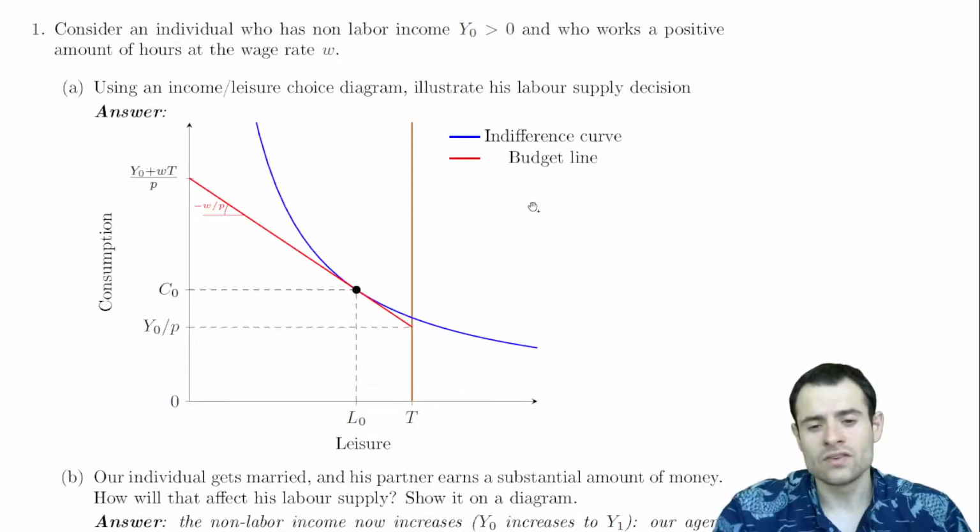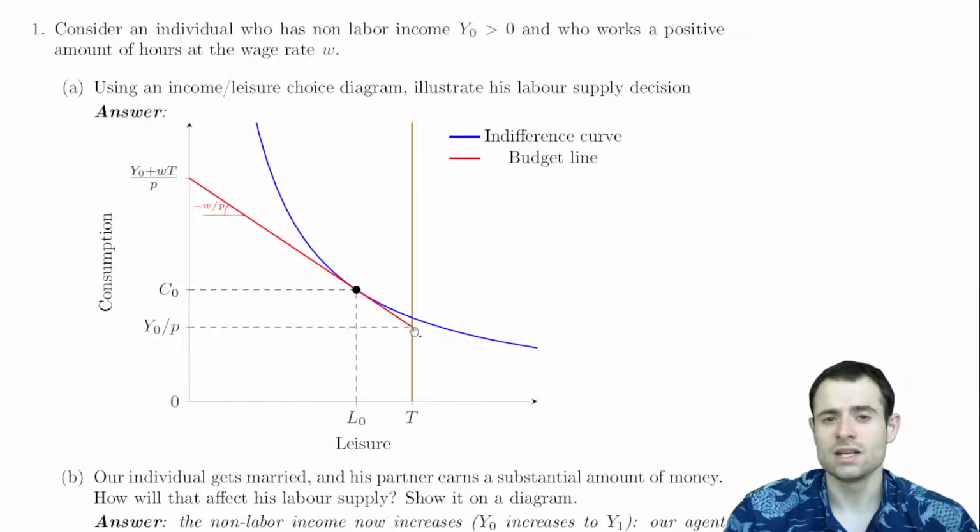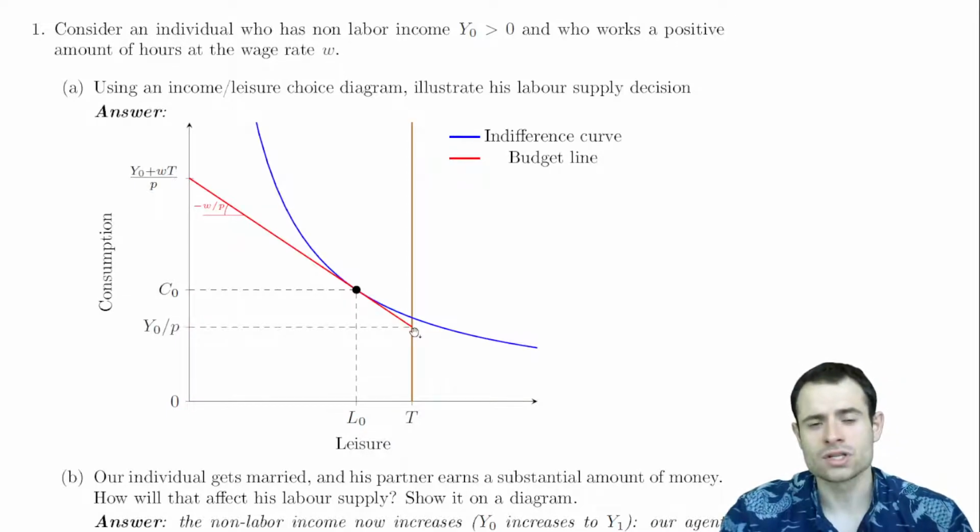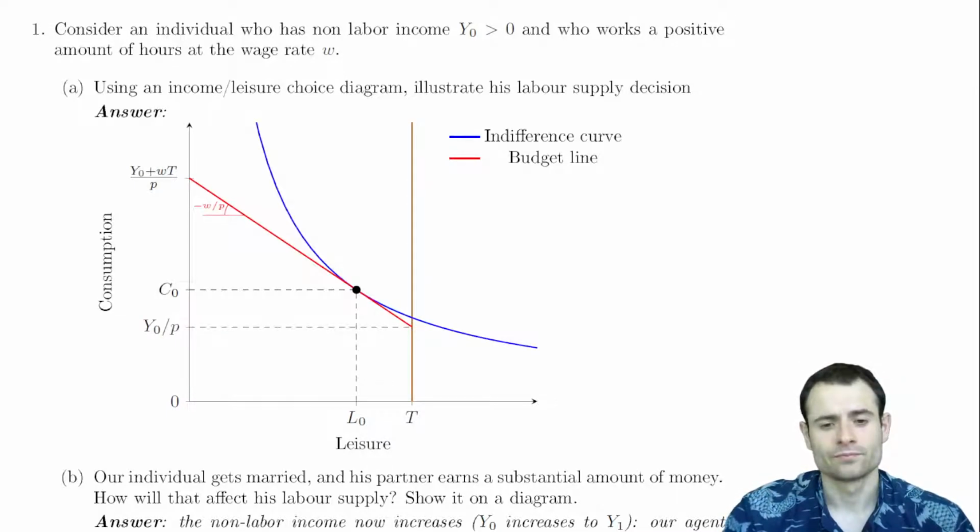Or our individual might prefer not to work, in which case the indifference curve is going to be very vertical, and the only point where it's going to touch the budget line will be here at the corner, where leisure is equal to T, the total amount of hours available. In these cases, we won't have a tangency condition, we're going to have a corner solution.